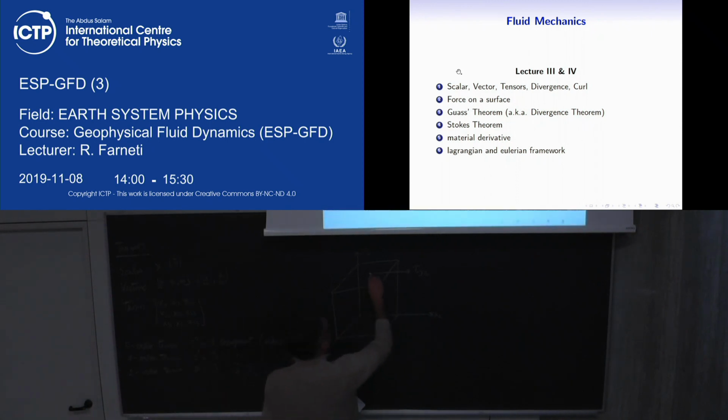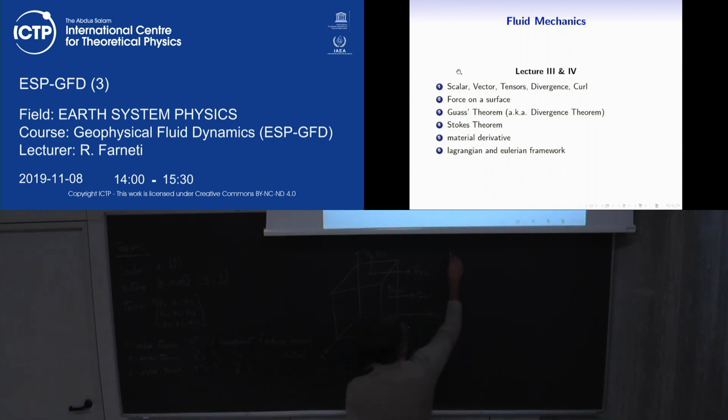This tensor will be tau 3, 3, and this tensor would be tau 2, 2, and this tensor would be tau 2, 3. Okay, and so on and so forth.